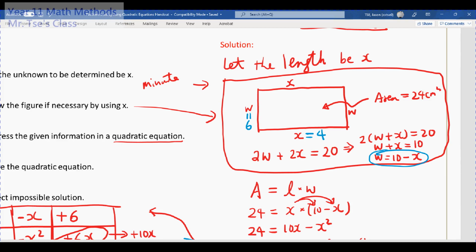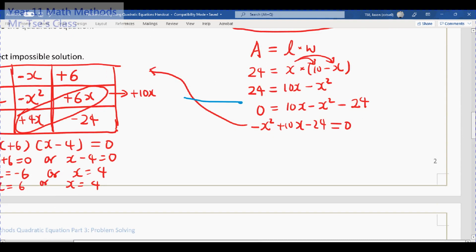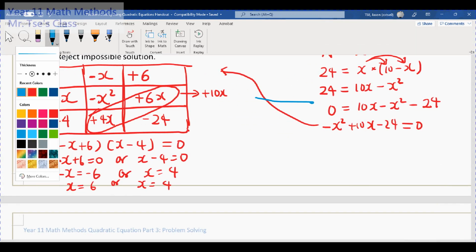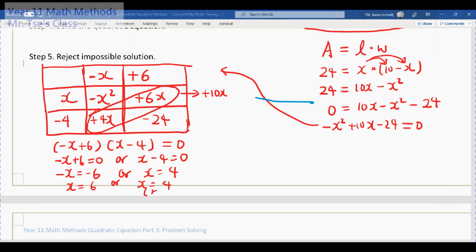So that's why I think we shall reject one of the answers. We shall reject x equals 4, okay? Right, so let's say the length is 6 centimeters. Okay, that's it.